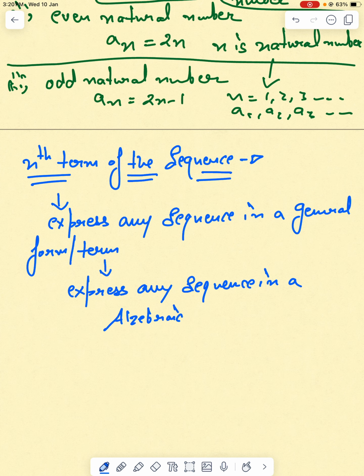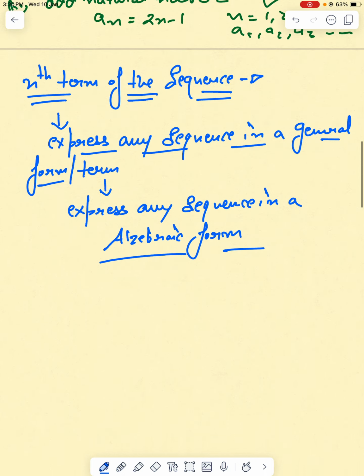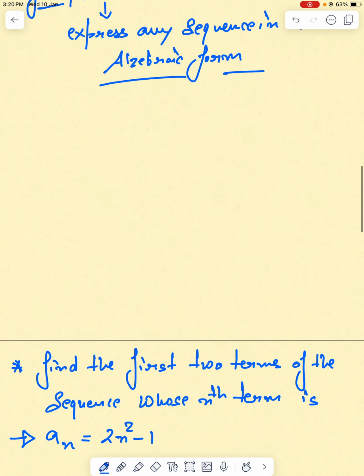Okay, so I hope you understand this concept, that is the nth term of the sequence.